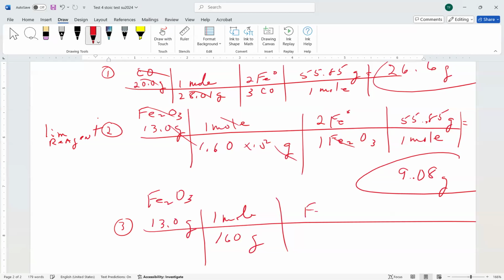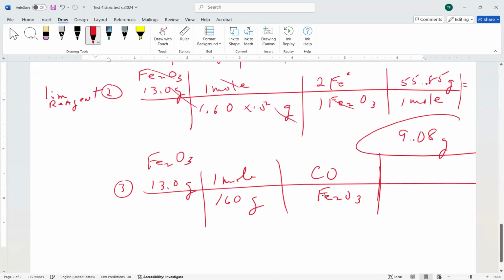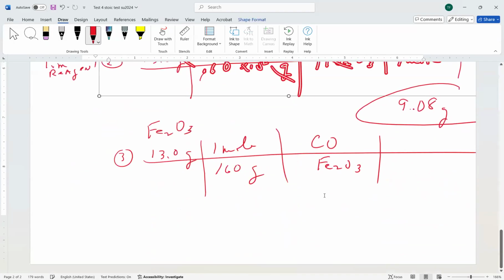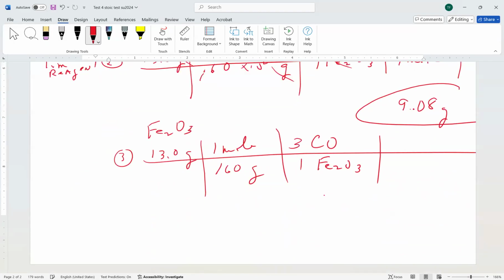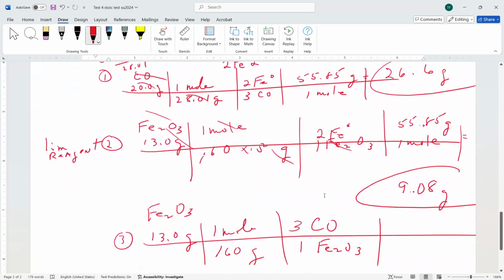We want to know, oops. Okay, carbon monoxide ratio is going to be 3 to 1. Okay, carbon monoxide is 28.01.